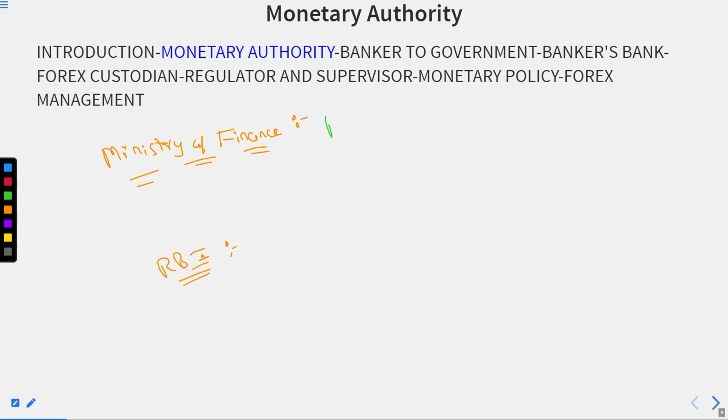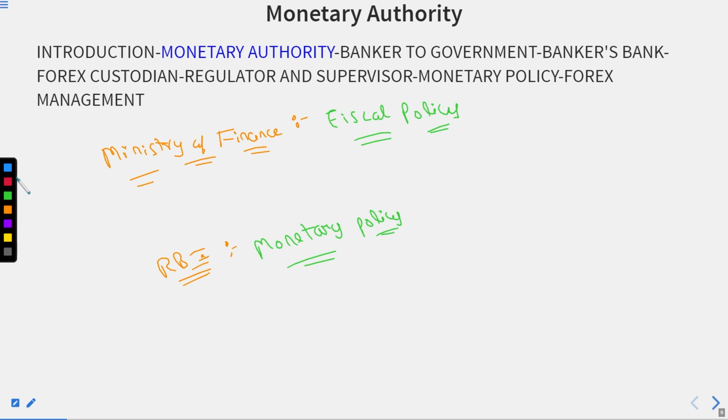The Ministry of Finance is basically responsible for the fiscal policy. RBI is basically responsible for the monetary policy.